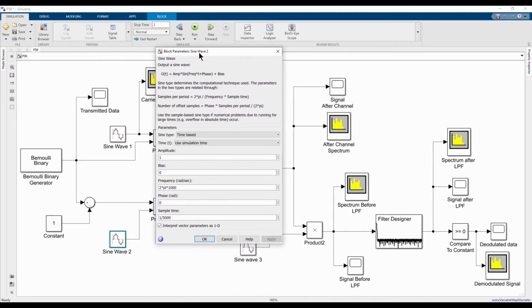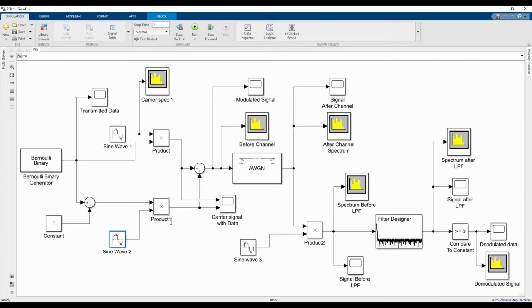This is the same specification: you see the 1000 hertz, and the sample time is similar. After modulating these two separately, we need to add them together, so we use this sum block. After adding, we will get the modulated signal.